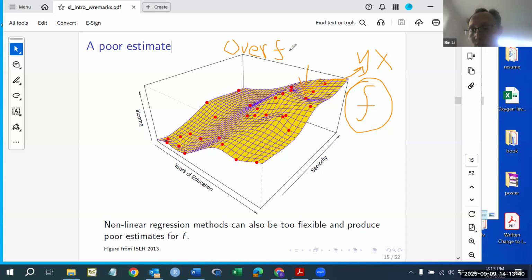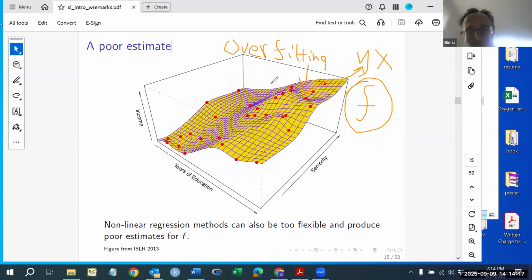Why is it called overfitting? It means the model itself is too adapted to the data points. Just in very simple words, this model is not focusing on estimating the f, but actually estimating the y. But the y is a corrupted version of f with additive noise, and there's no way and no use to estimate this epsilon.